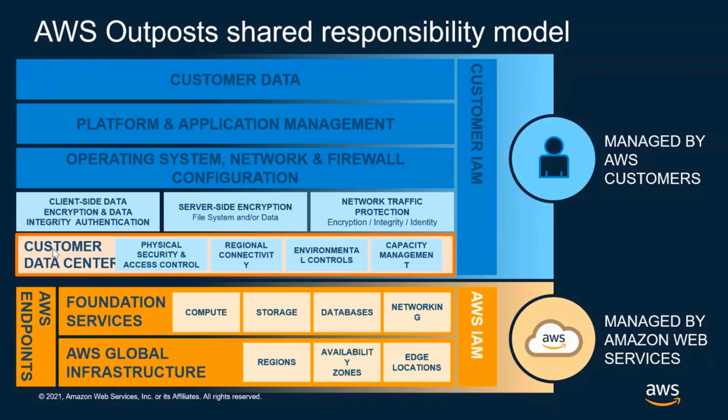You have to assume responsibility for regional connectivity to the Outpost, environmental controls to ensure that the Outpost stays operating properly, and ultimately capacity management to make sure that you don't run out of capacity. But beyond that, it really does rest on the same shared security model that we've established for AWS regions.